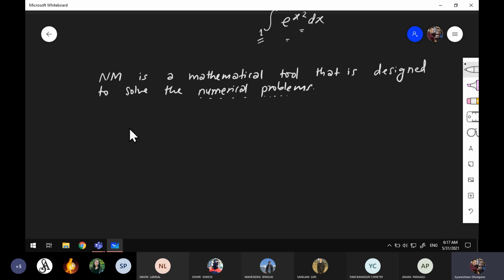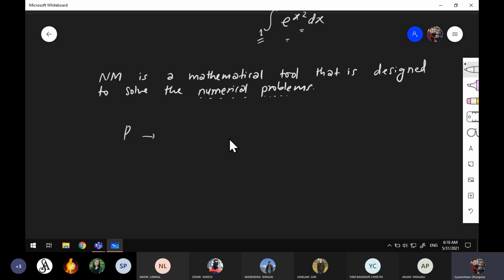For example, we have a problem, say P. One of the methods of solving the problem numerically involves a guess of the final result. We will guess the final result, and we will iteratively check whether the result obtained is up to the desired level of accuracy or not.